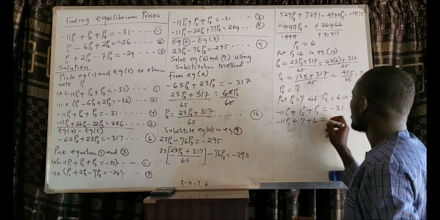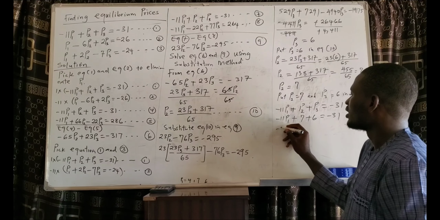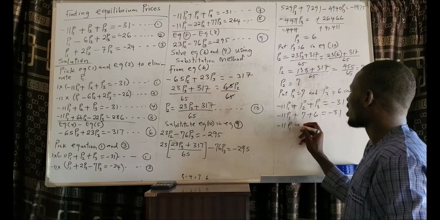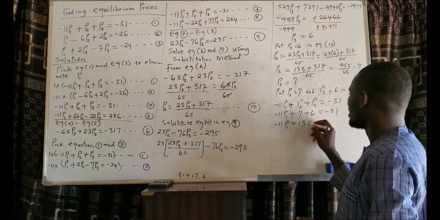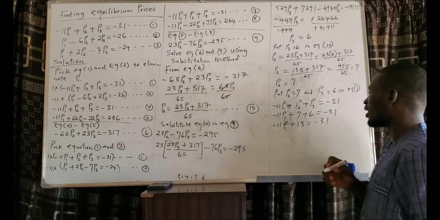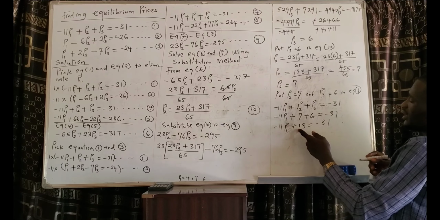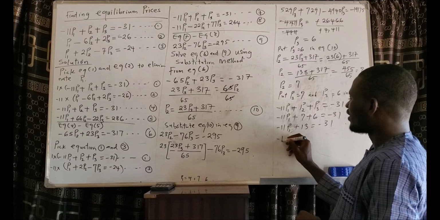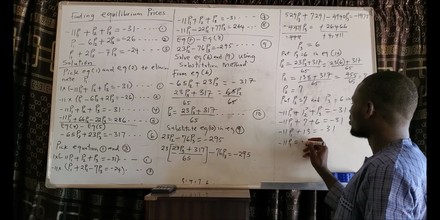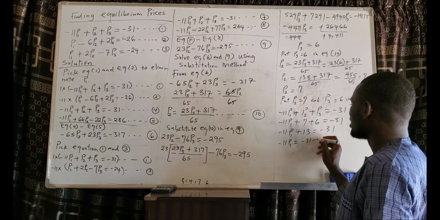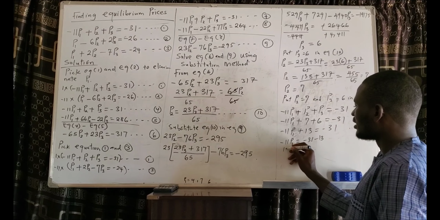P3, you put 6, equal to negative 31. Negative 11 P1 plus, this will give us 13, is equal to negative 31. You take positive 13 to the right hand side. You have negative 11 P1 is equal to negative 31 minus 13.